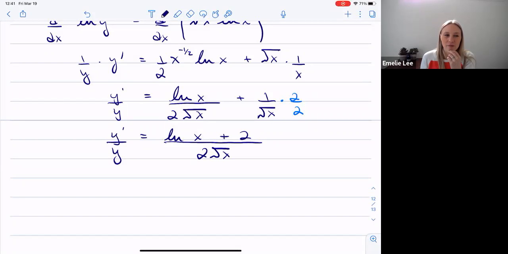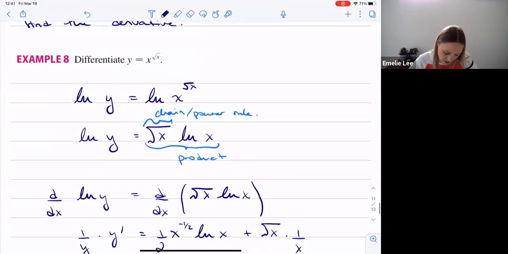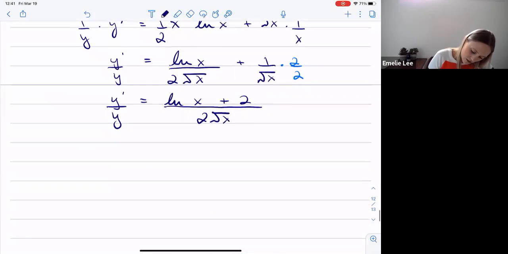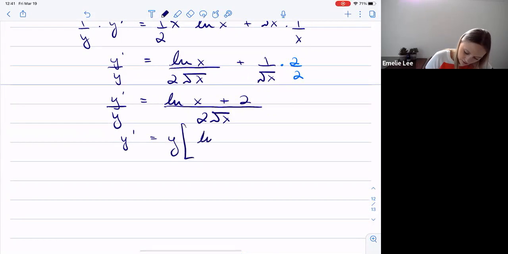Now I want to solve for y prime, right, by bringing that y and multiplying everything by y. I didn't break down the steps. No, I didn't. That's okay. Y prime is y times this whole thing, the log of x plus 2 over 2 root x.